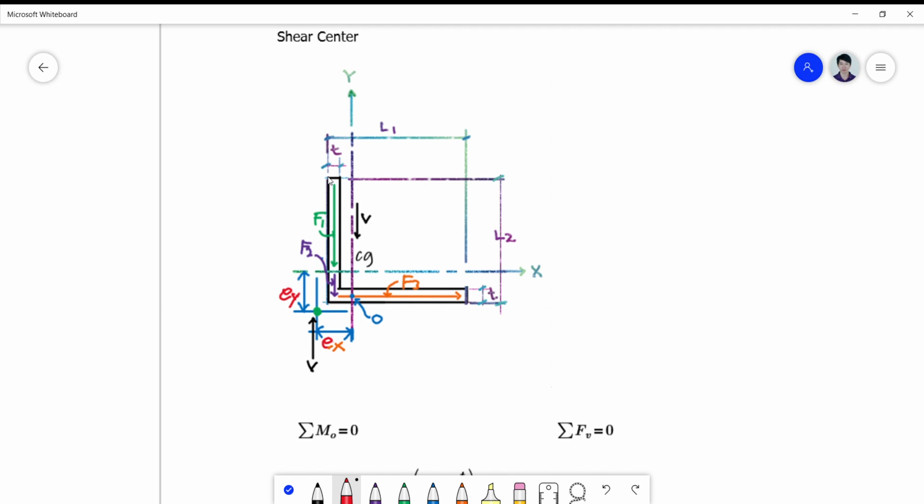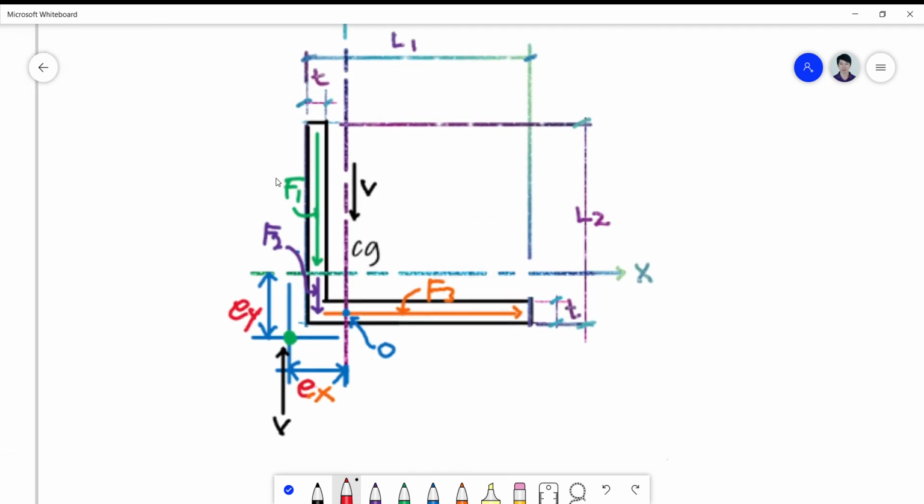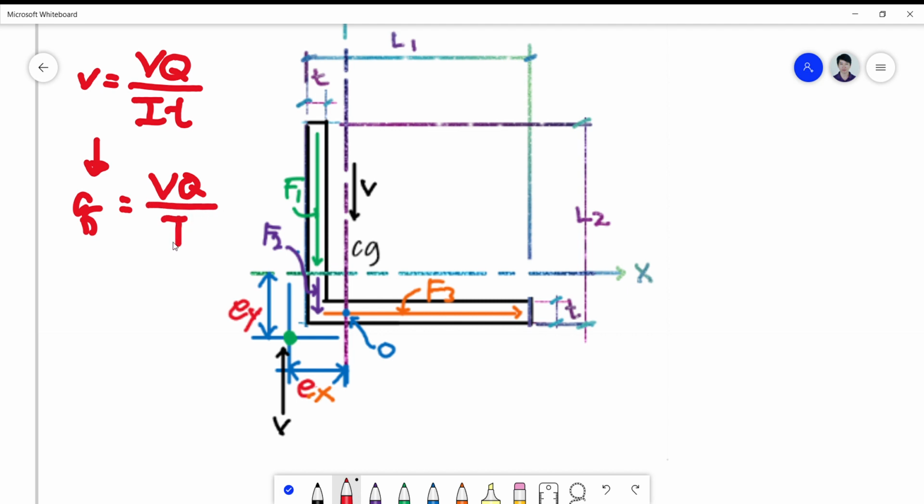Okay, so if I have a shear force applied, let's say at the center of gravity here, my legs will experience what you call shear stresses. And again, those shear stresses, which are basically computed on the basis of the formula VQ over IT, may be converted to a shear flow, which is q equals VQ over I. So we just removed the t here, meaning I just multiplied my shear.